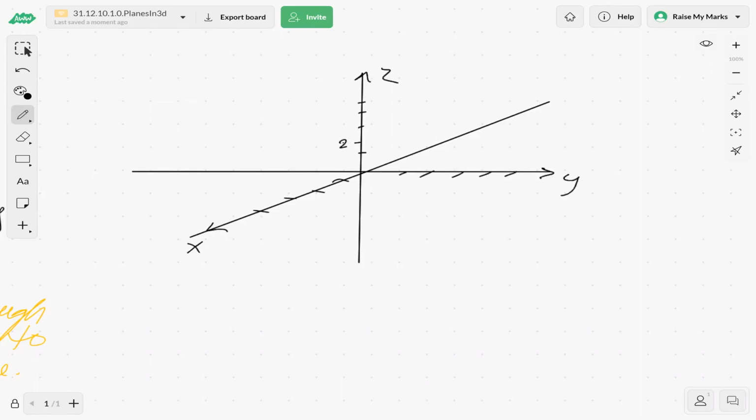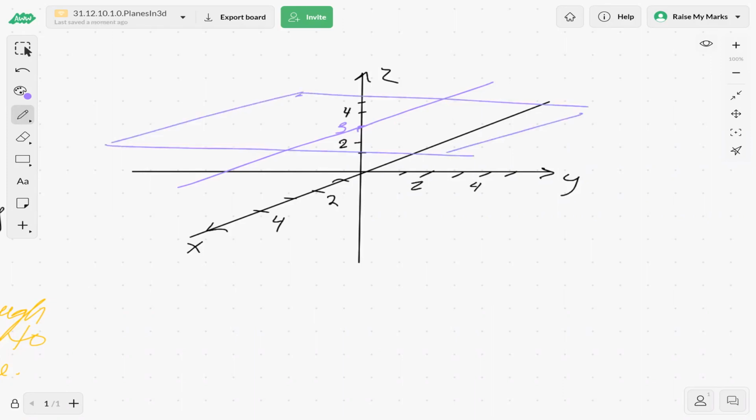And then pick a color. Purple's nice. This is 3. Z equals 3. It's a line, but it also goes out in all directions. So it's actually a plane.